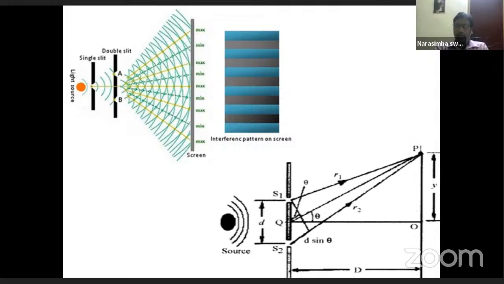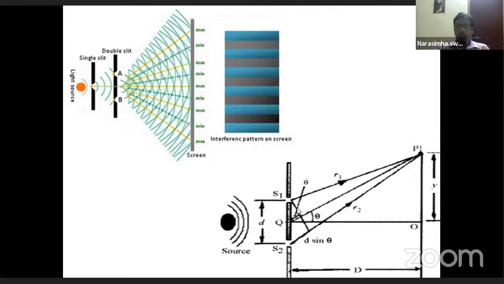So small d is the gap between the two slits, capital D is the distance between the slits and the screen, and y is the distance between O and P. P is the point where we need to determine whether it is bright or dark, maximum or minimum.